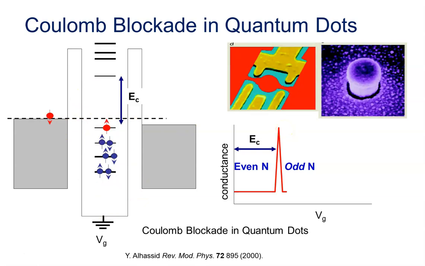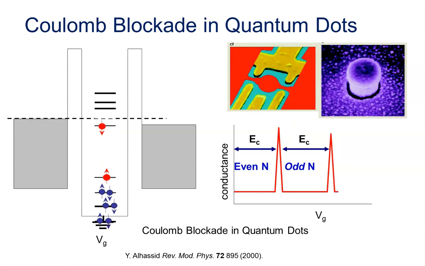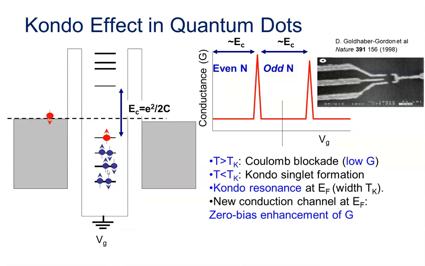So if you have an odd number of electrons and you go to another one, you now get an even number of electrons. But right in this case where you have an odd number of electrons, if your temperature is small, even if you are right here and no tunneling is allowed, essentially you are in the middle of the Coulomb blockade valley, you might still have transport. Why?